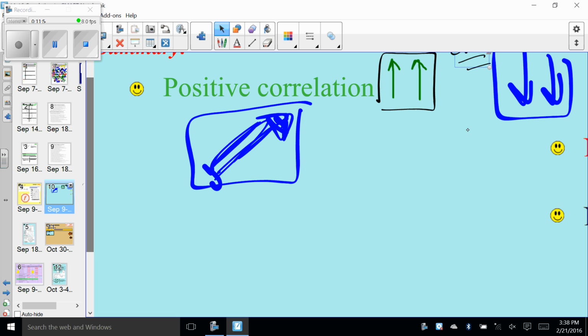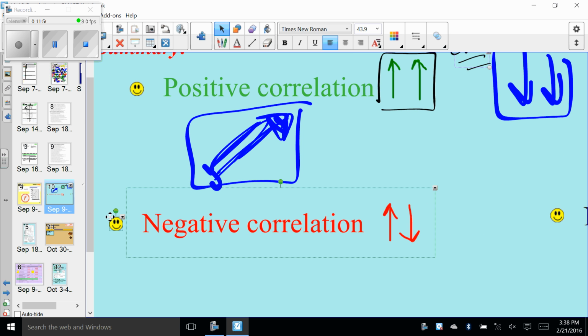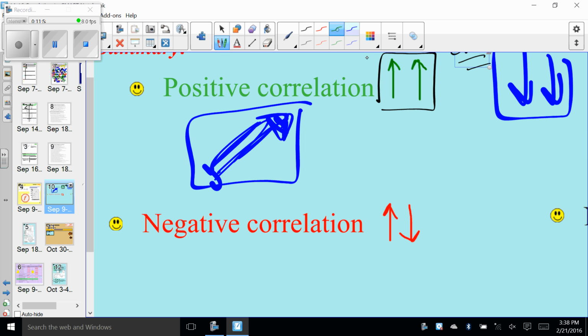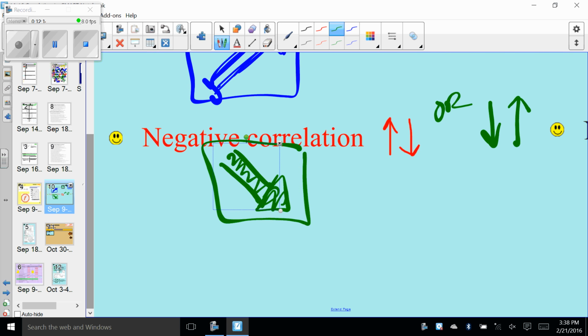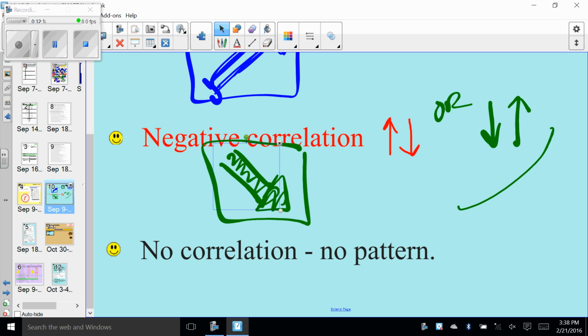On the flip side, negative correlation is the other situation where it's this or this, and it's trending down, a downward trend. Okay, so we have positive correlation, we have negative correlation, and then we're talking about no correlation, no pattern at all.